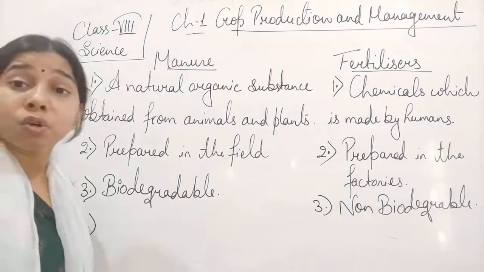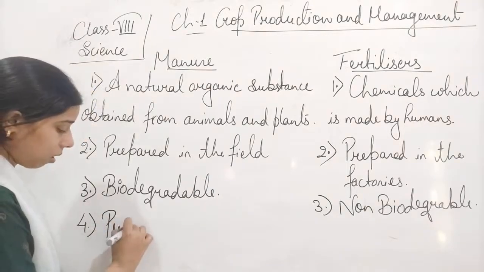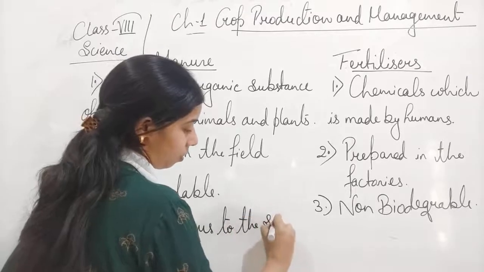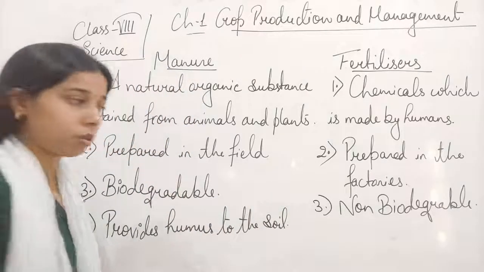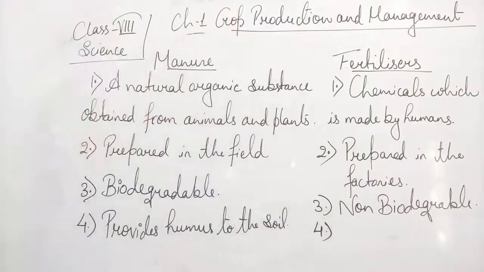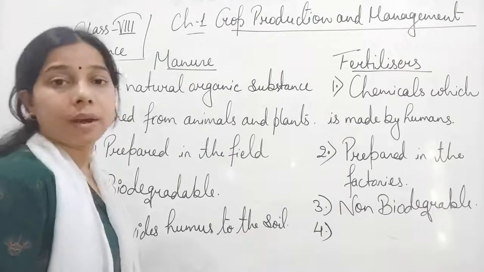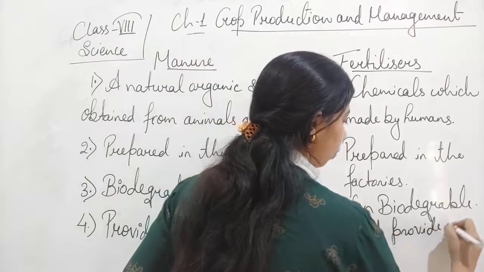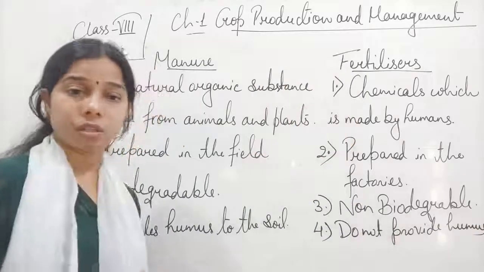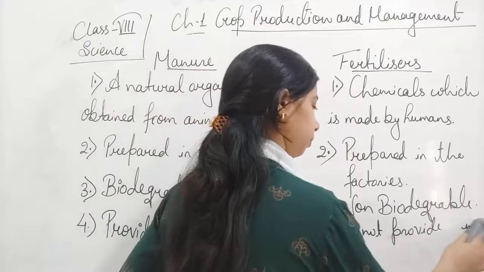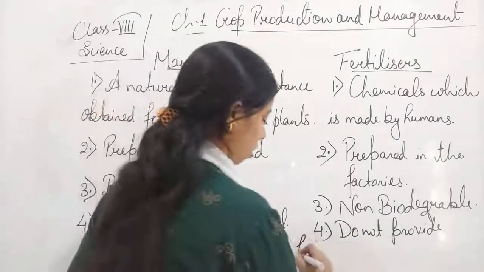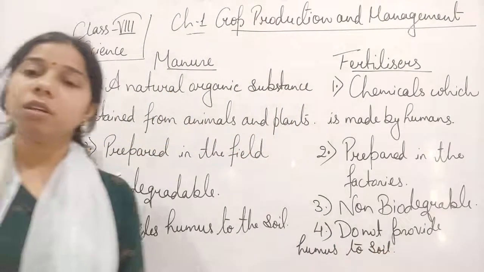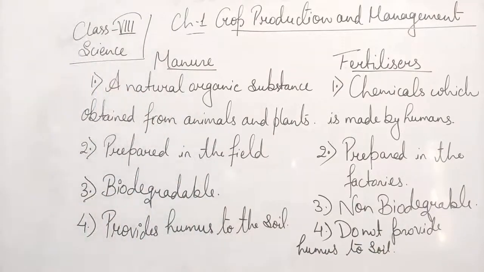Here manure provides humus to the soil, and in this case the fertilizer does not provide humus to the soil. So one provides humus, another one does not provide humus to the soil.